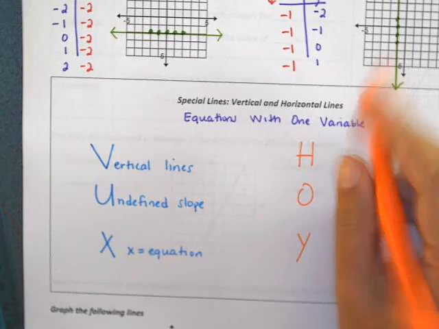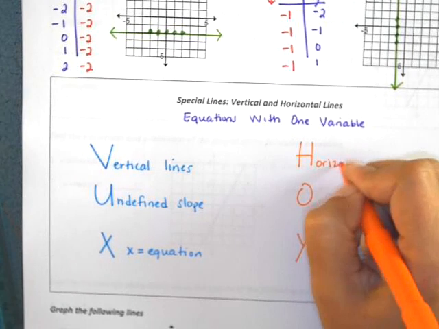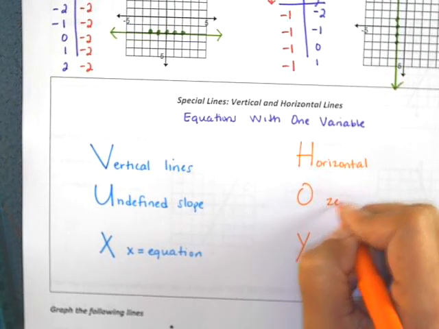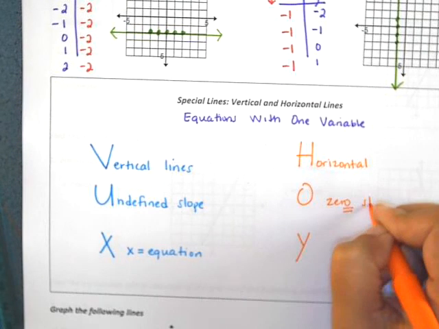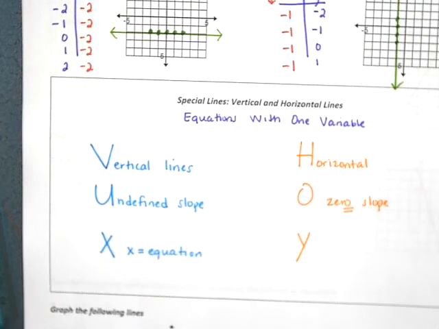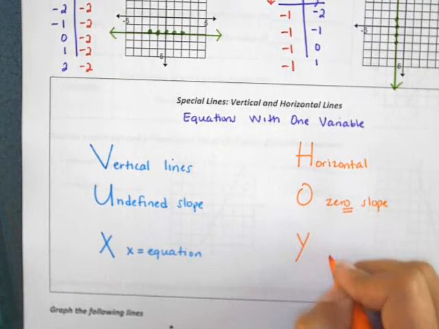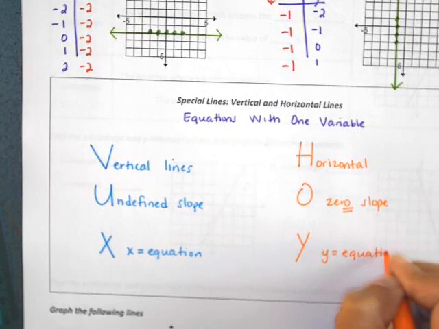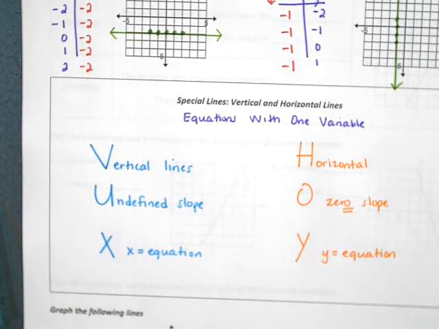The H in hoy stands for horizontal lines. The O stands for zero slope, which will be important later on in this chapter. And the y stands for y equals in the equation. So whenever you see an equation that just has a y, that's going to be a perfectly horizontal line.